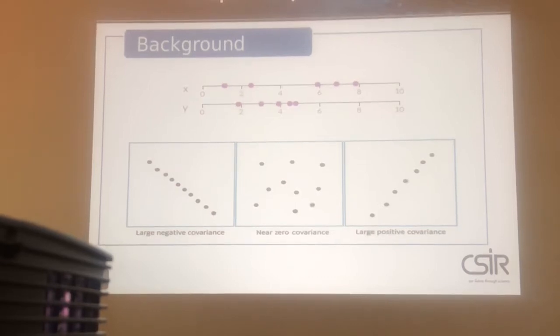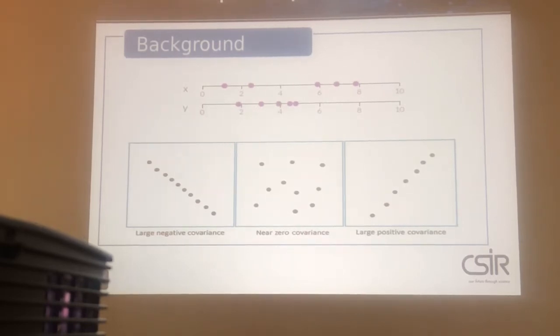Okay, whether it's positive or negative, they have a linear relationship. And the one in the middle, there's no linear relationship at all. So when you do your covariance, you can think of it as plotting a two-dimensional graph, and you want to see how those two variables interact with each other.